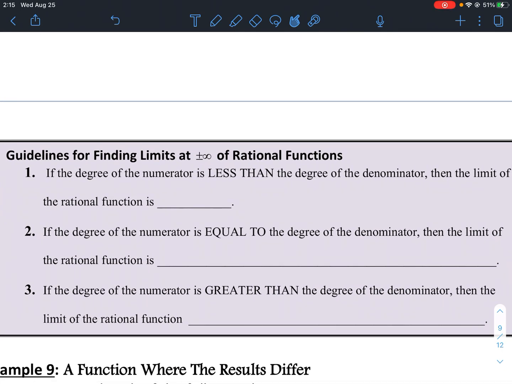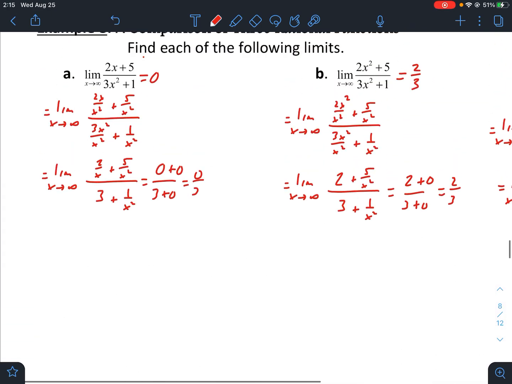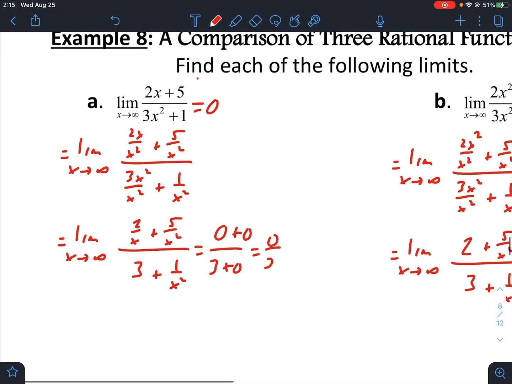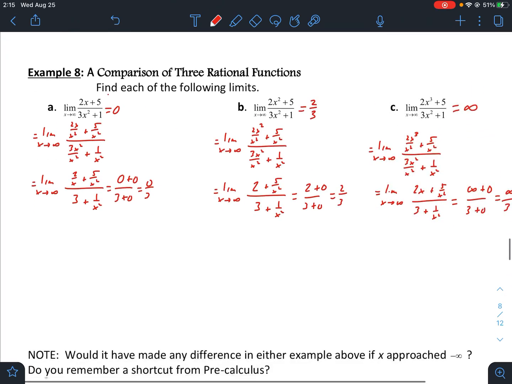If the numerator's degree is less than the denominator's degree, the limit is 0. That was the first example A. That's the horizontal asymptote we learned last year in pre-calc. If the numerator's degree is less than the denominator's degree, the horizontal asymptote is y equals 0.